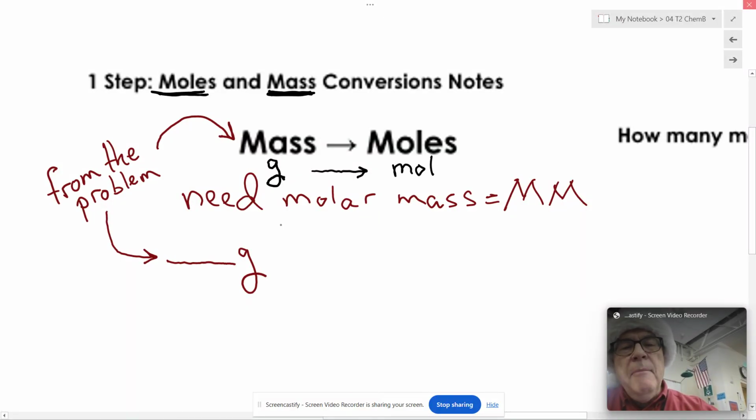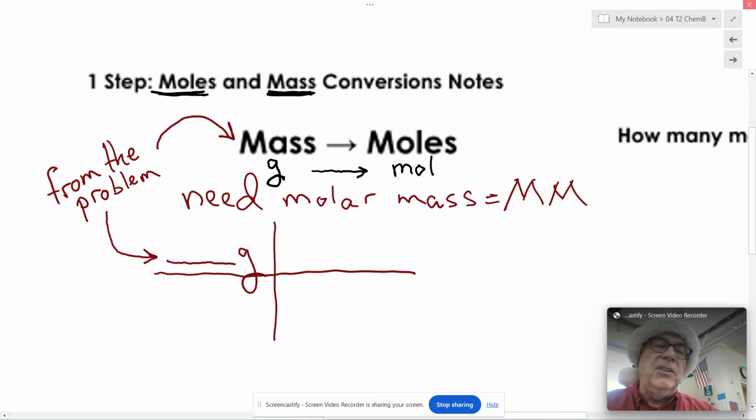And then I'm going to draw a mathematical statement that kind of looks like this. That's what we're going to use all the time. And what happens here is we're just putting in a fraction where you multiply whatever is on top of the fraction and you divide by whatever is on the bottom of the fraction.